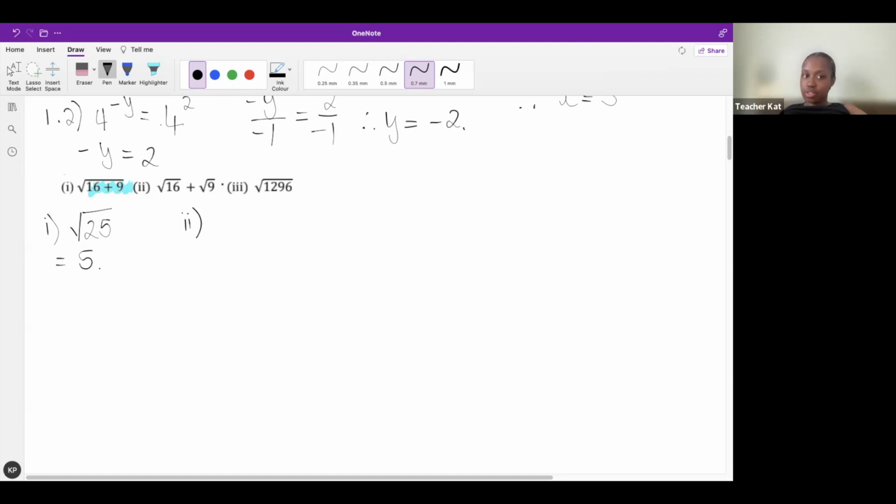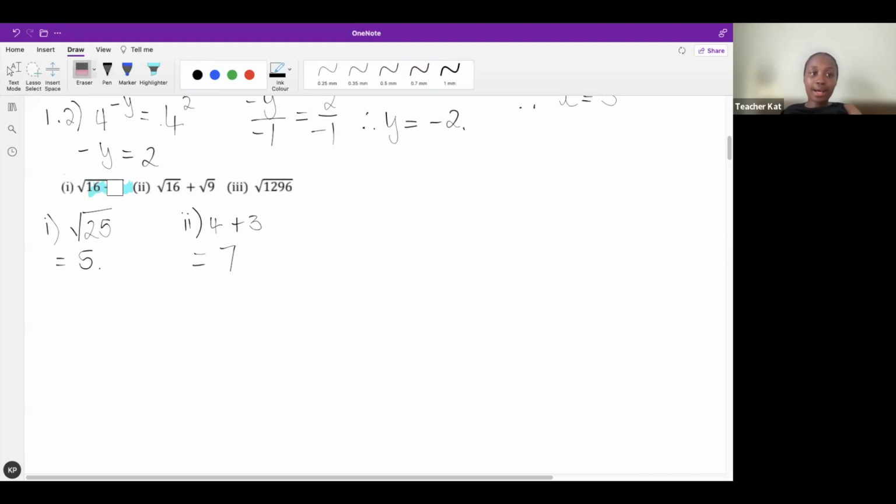We root them first. So what's the square root of 16? It is 4, plus the square root of 9 is 3. So my final answer is then 7. Do you see that it's not the same answer as question 1?